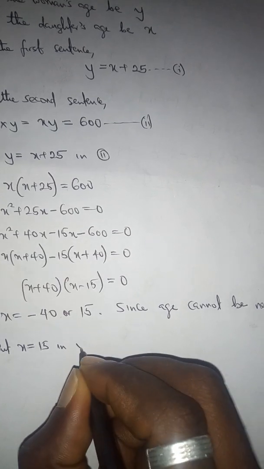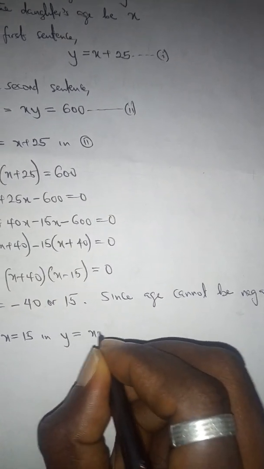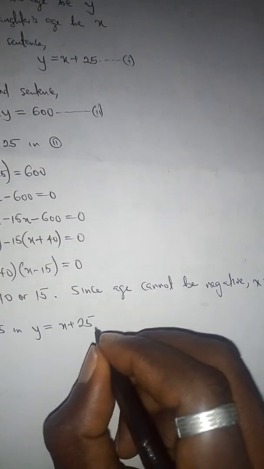Since x is the age of the daughter, that means the age of the daughter now is 15. So we can also put x equals 15 in y equals x plus 25.